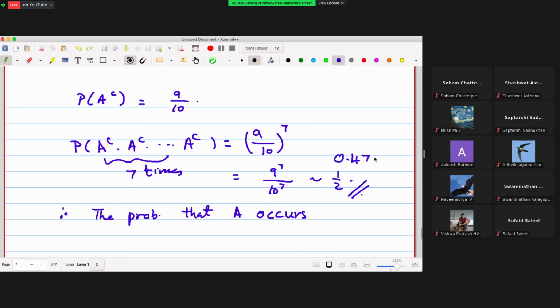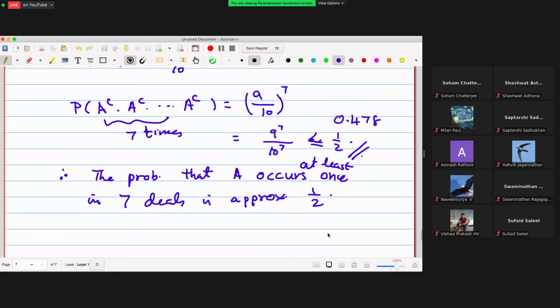Yes, 0.478. So this is a little less than half. Thank you. Therefore, the probability that A occurs at least once in 7 deals is approximately 1 by 2. Okay.